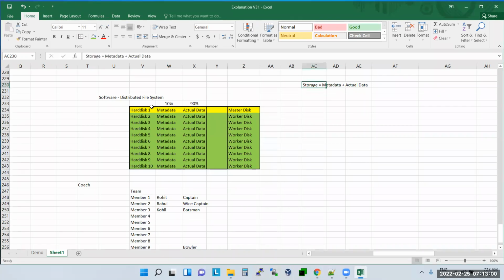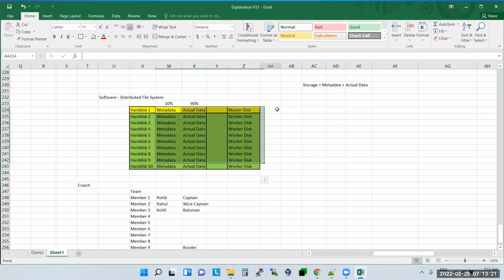Now, this software is doing this: whatever data you are storing, that data's metadata will be stored in the master disk. Are you able to understand? Yes, sir. Whatever data you're storing, that data's metadata goes here.